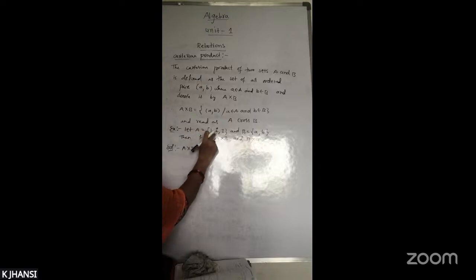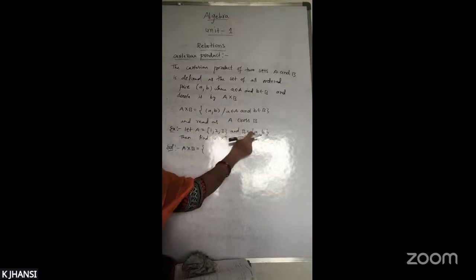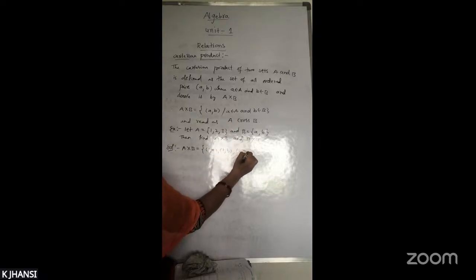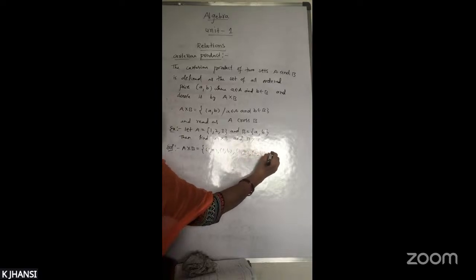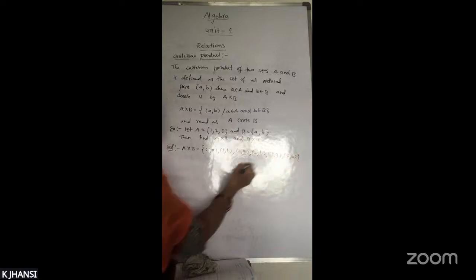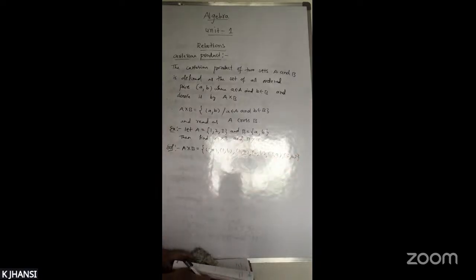Whatever the elements of A are, you have to make ordered pairs with the set B. That is, each and every element of A should be mapped with each and every element of B. So we write it as 1 comma 4, 1 comma 5, next 2 comma 4, 2 comma 5, next 3 comma 4, 3 comma 5, like this. Whatever the elements are in set A, you have to pair them as ordered pairs with the set B elements.